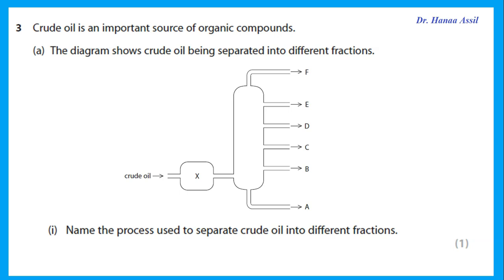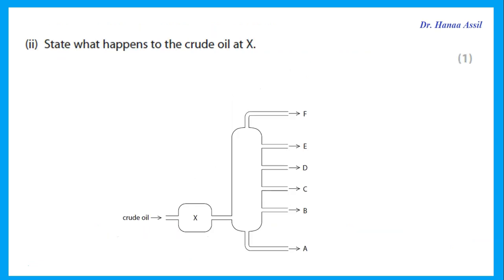Crude oil is an important source of organic compounds, and the diagram shows crude oil being separated into different fractions. Name the process used to separate crude oil. We know that crude oil is a mixture of liquids, and to separate a mixture of liquids, this is done by fractional distillation.